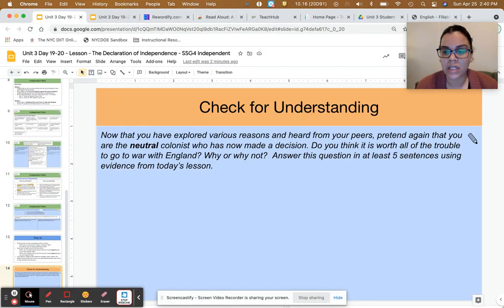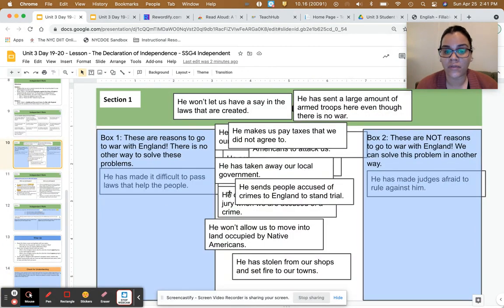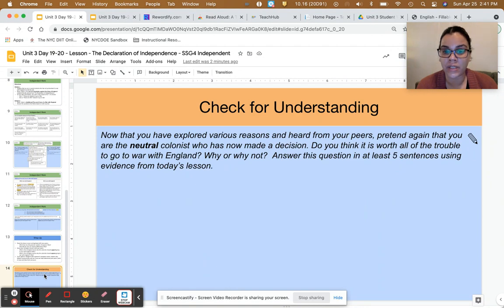Do you think it is worth all of the trouble to go to war with England? Why or why not? Answer this question in at least 5 sentences using evidence from today's lesson, right? So you should use evidence that you sorted, but if you want to add extra evidence, you could look back at our timelines and all of the events that happened between the colonists and the British.